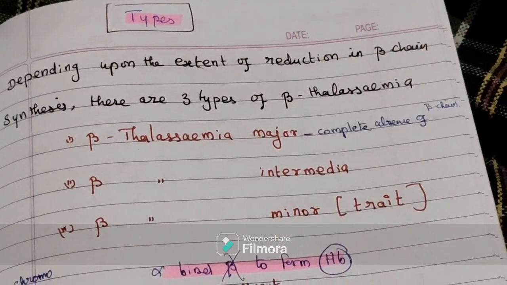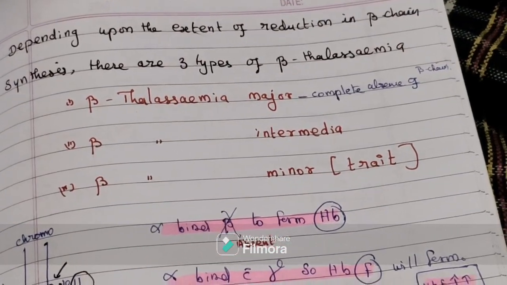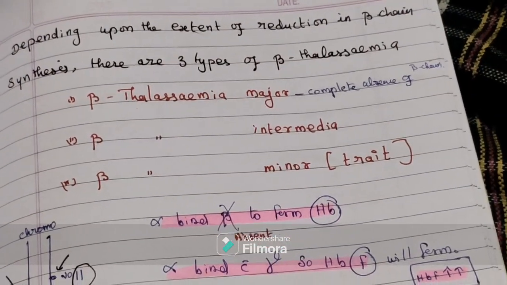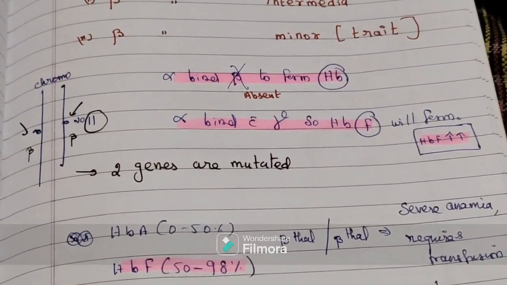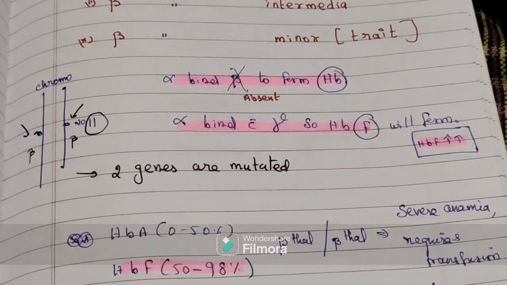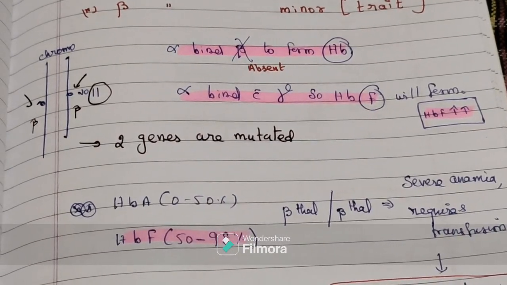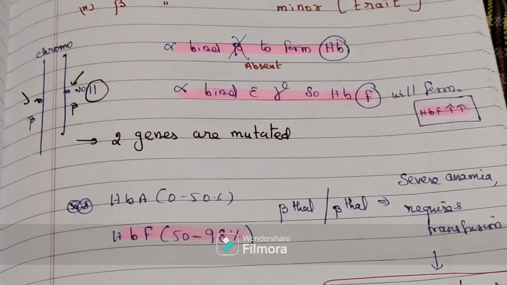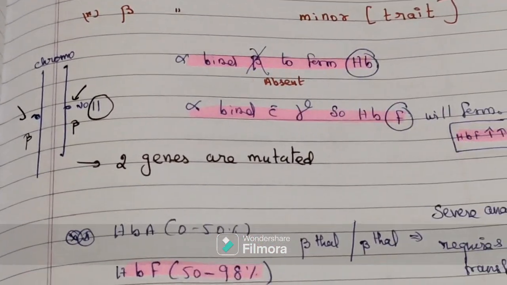So HbA is nearly 0. So the maximum Hb is HbF. Here HbA is 0, and maximum presented is HbF. What is HbF? It is alpha 2 gamma 2. Now beta we know, alpha 2 gamma 2.